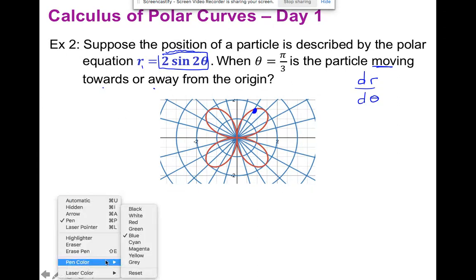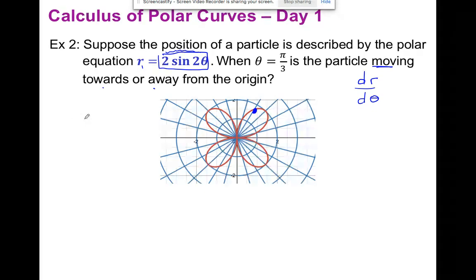What's dr d theta? Don't forget the chain rule, please. r prime is 2 cosine 2 theta times 2. Sometimes this prime notation can be confusing. It might be helpful to remind yourself that's the rate of change of the radius with respect to theta.